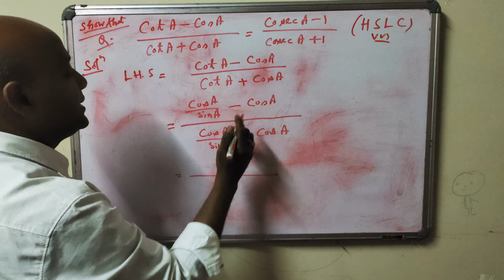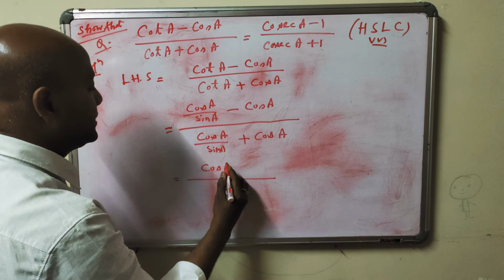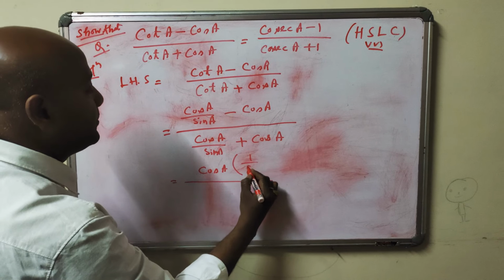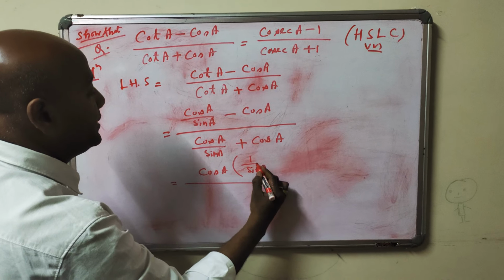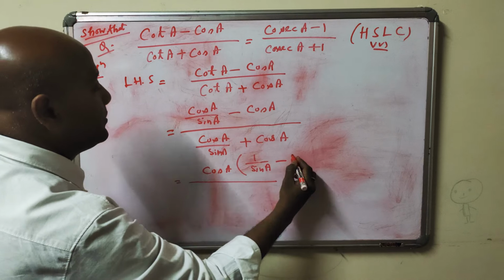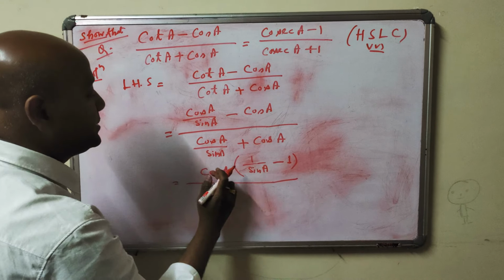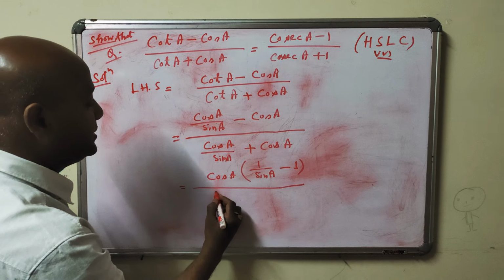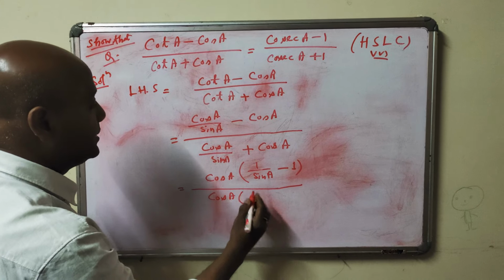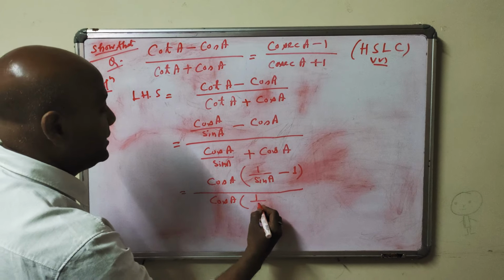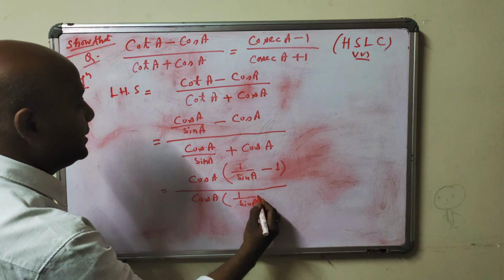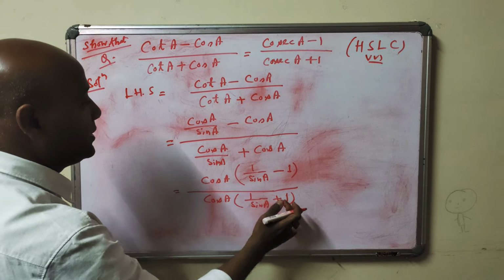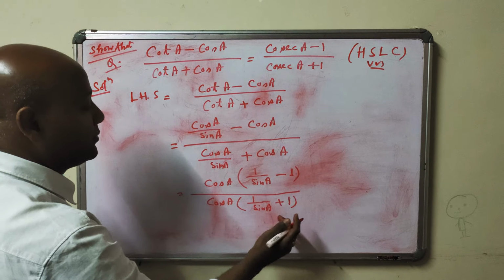See, cos A and cos A are here, so take cos A as common, then it will become 1. Cos will come here, so it will be what? 1 by sin A minus 1, because this into this equals this, cos A into 1 equals cos A. Again, cos and cos is here, so cos A, if we take common, 1 by sin A plus 1, cos A into 1 equals cos A. If the whole comes, it will be 1.